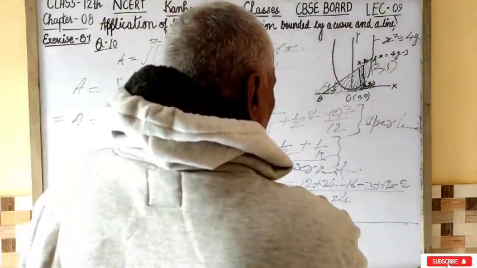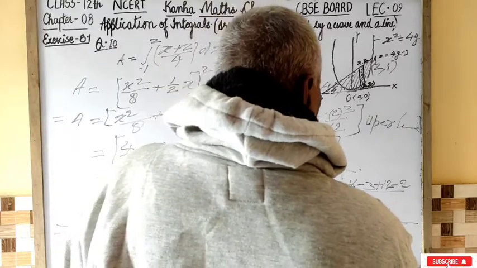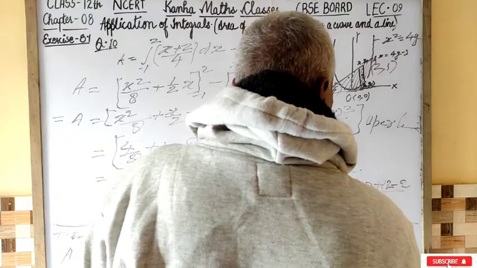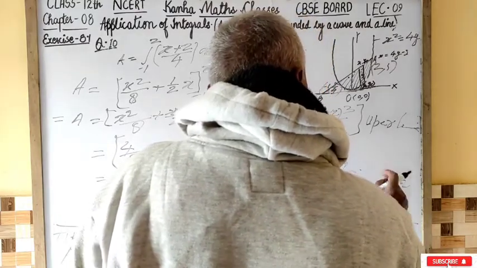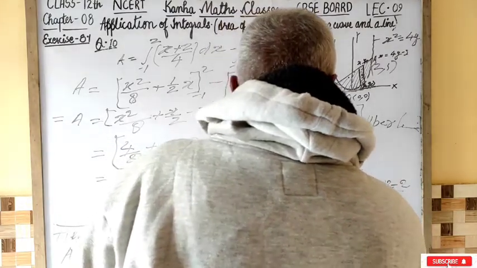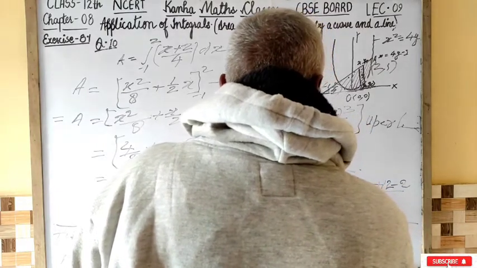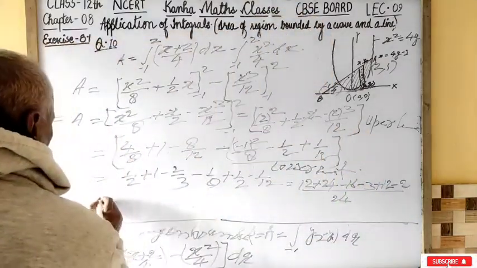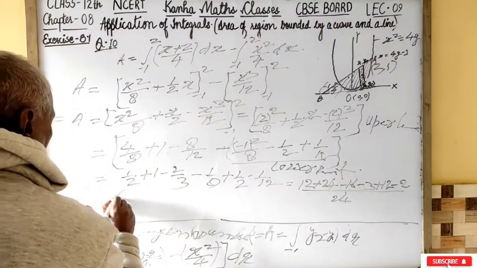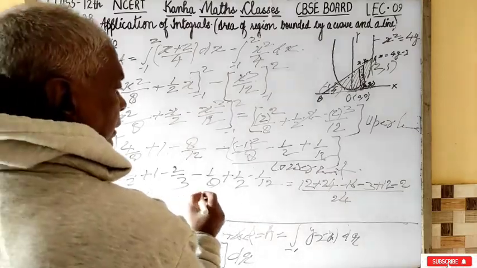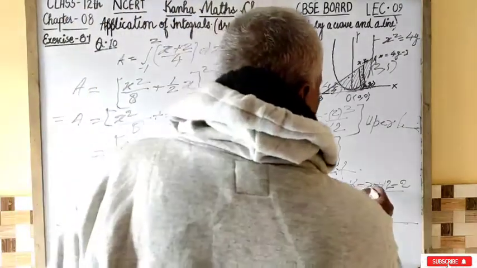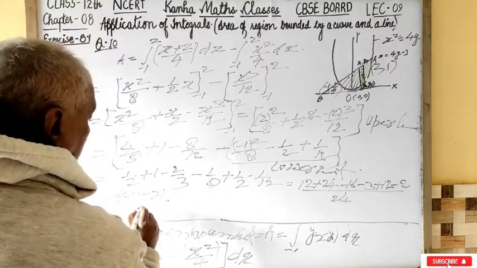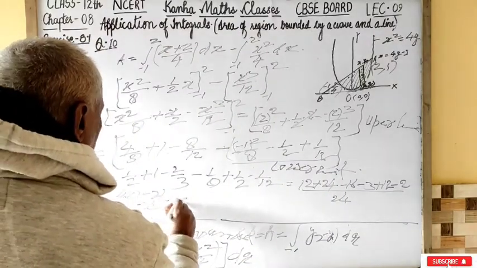Adding the positives only: 12 plus 24 is 36, plus 12 is 48. 48 minus 19 minus 2, that is 21 upon 24.